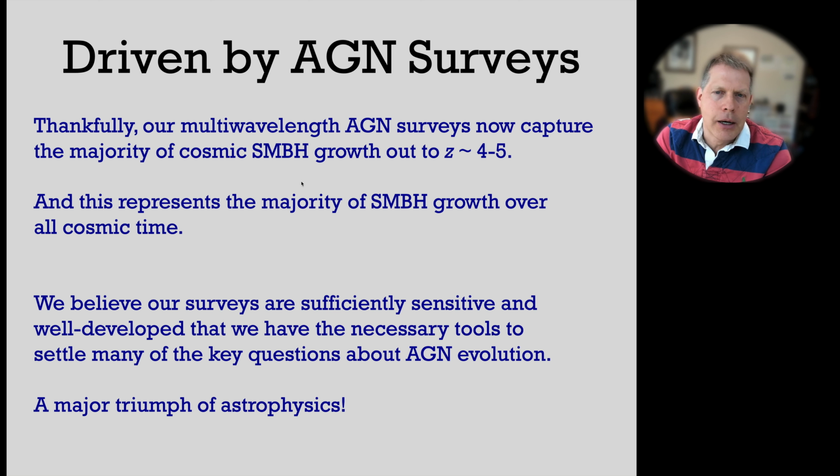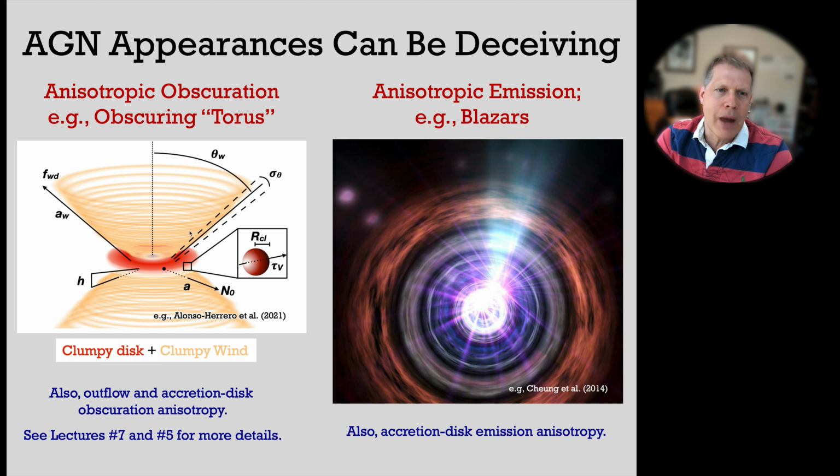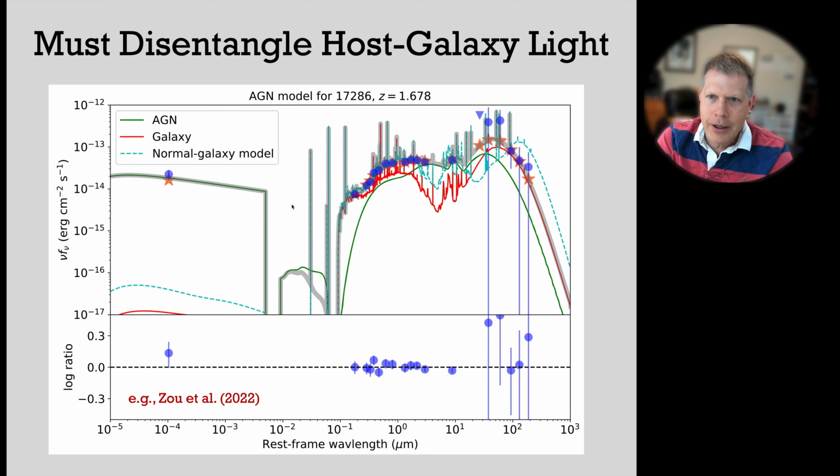And so we believe that our surveys capture the majority of black hole growth that has ever occurred over the entire history of the universe, which is a major triumph of astrophysics. Indeed, we now believe that our surveys are sufficiently sensitive and sufficiently well developed in terms of gathering all these critical multi-wavelength data, correcting for obscuration, correcting for anisotropic emission, getting the host galaxy light separated out from the AGN light.